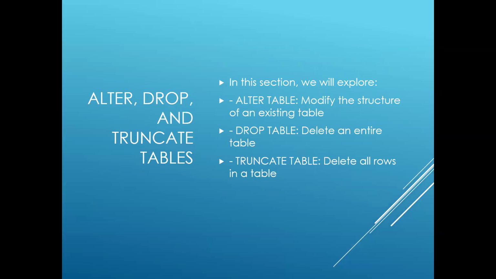Okay, so alter, drop, and truncate tables. In this section, we will explore alter table, which modifies the structure of an existing table. I want to add a new column, or I want to drop an existing column, or whatever the alter or drop you want to do. You create a table, you insert the data and then drop it.